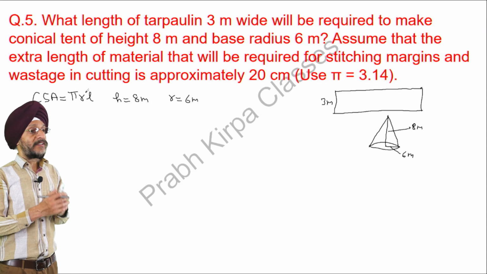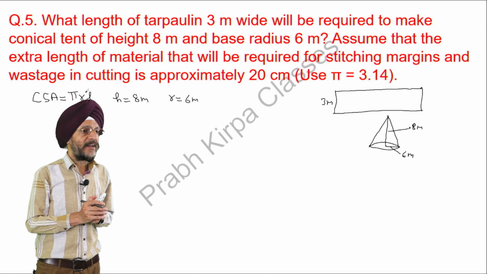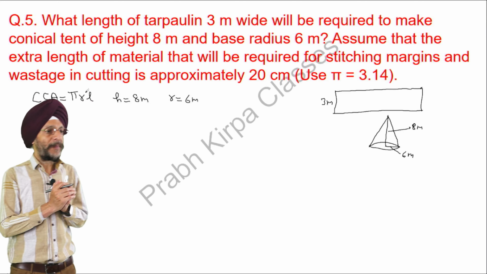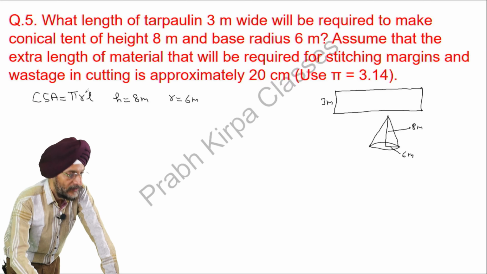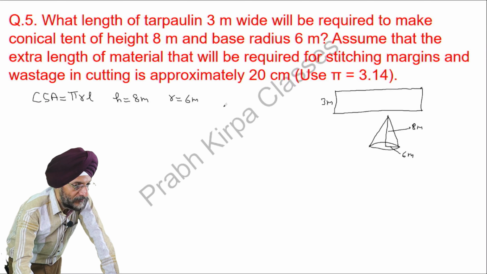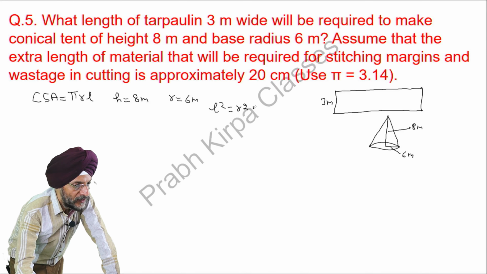We know that the slant height, radius and height are related to each other by Pythagorean theorem, and the relationship is shown by the formula L square is equal to R square plus H square. In other words, slant height L is equal to under root R square plus H square.